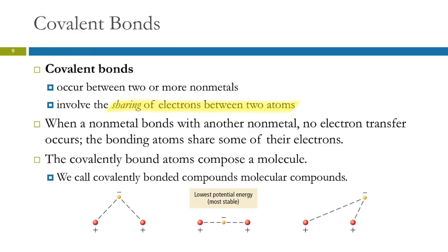They're both attracted to the electron, and that's going to cause the covalent bond to keep those atoms together. Any questions? The covalent bonds, sharing electrons between nonmetals. Ionic bonds, transfer of electrons, metals and nonmetals.